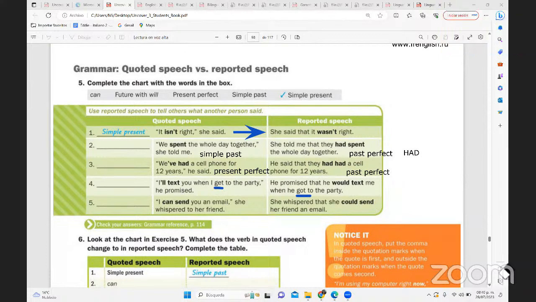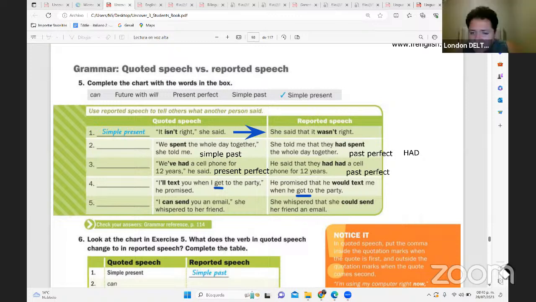Okay, teacher, thank you. So they told me they will. We will tell you the truth. Okay, tu oración, Dante, era: nosotros te diremos la verdad si prometes no enojarte, right?